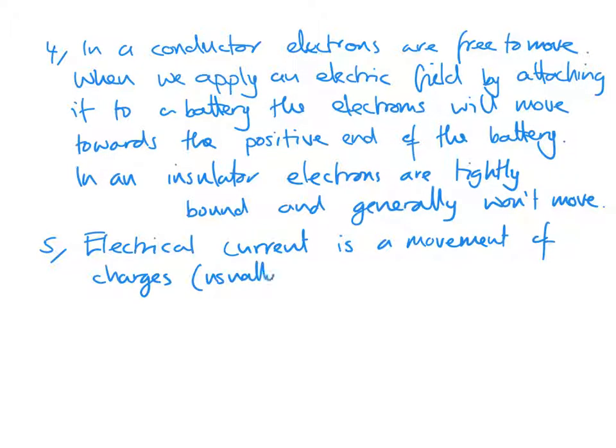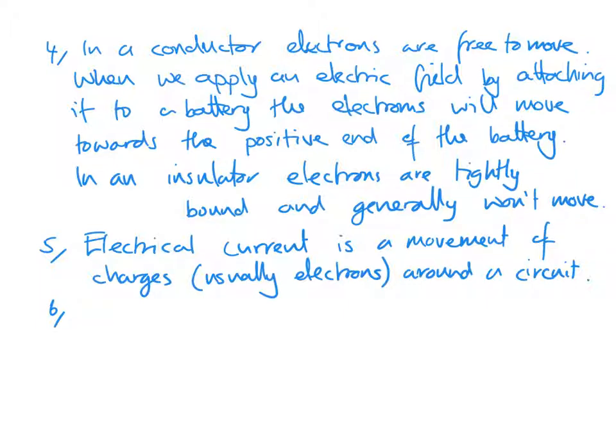Electrical current is a movement of charges, which is usually electrons, because it's not easy to make protons move, they're tightly bound to their nucleus. So that's a descriptive definition of current.